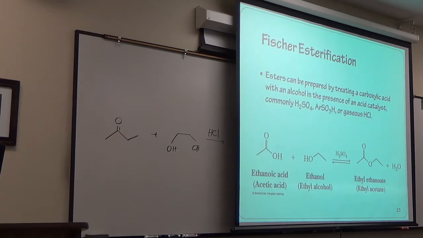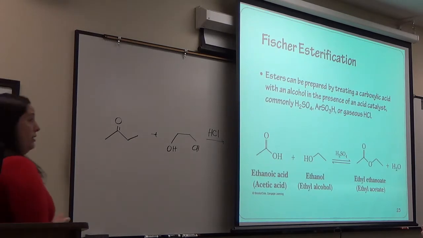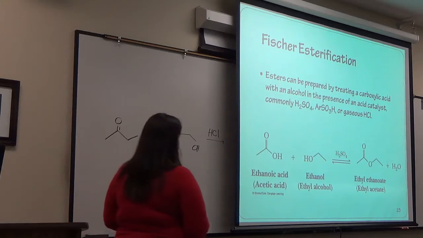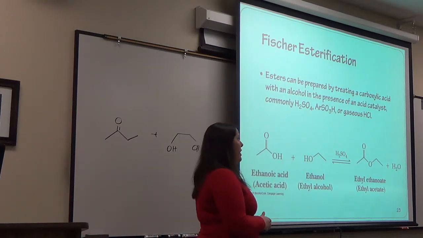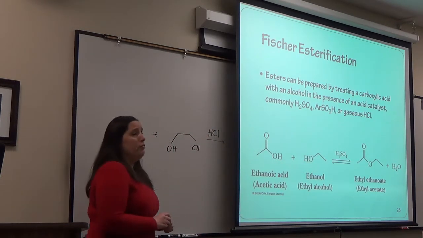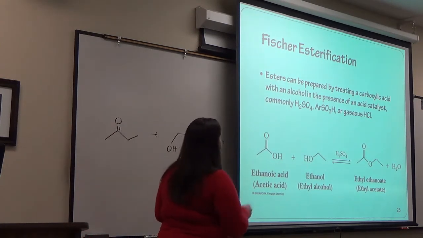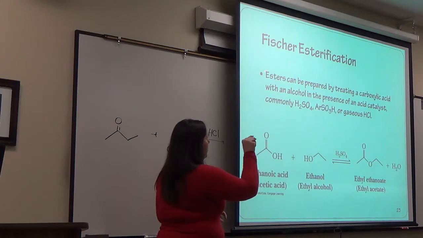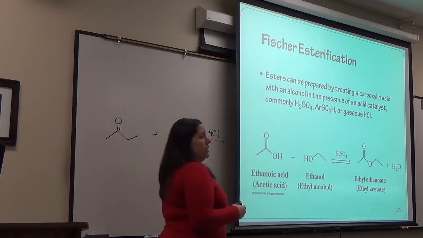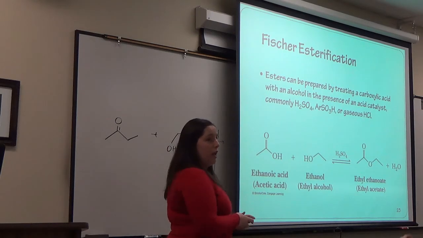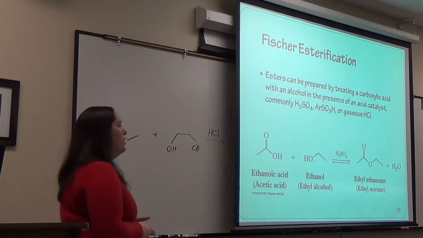All right, so what other kinds of reactions can carboxylic acids do? Well, a very common reaction is known as Fischer esterification. Esterification means that you're making esters. This is probably the most common reaction. It is not the only way of making esters, but this is a very common one.